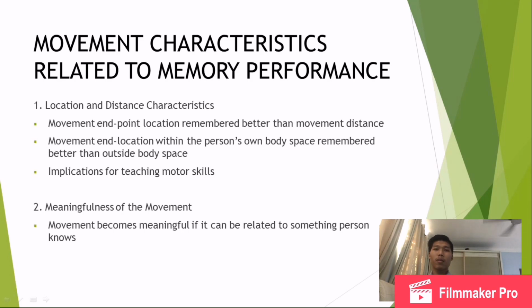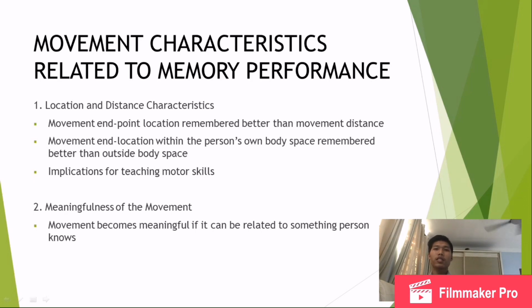It also has implications for teaching motor skills, which emphasize limb movement and key spatial positions during movement. A person can easily memorize the movement when he focuses on the endpoint of the movement.